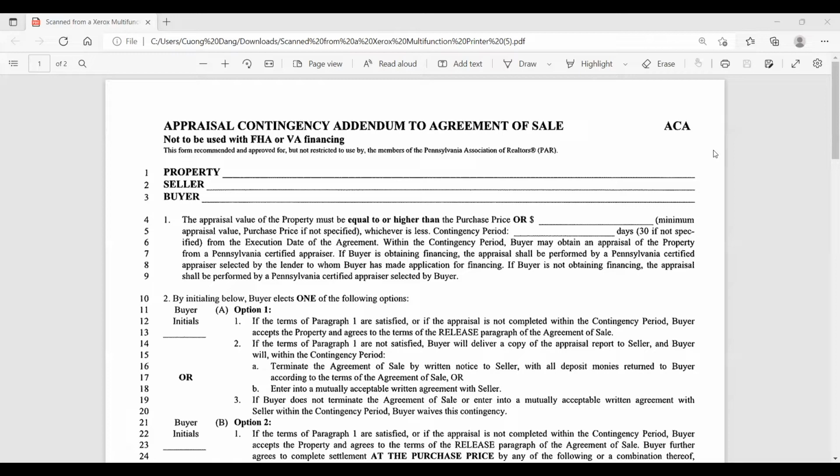So if the purchase price is escalated to $375,000, but they're willing to cover that gap and it only needs to appraise for $300,000, then put $300,000 for the minimum in the blank, so that we know all it has to do is appraise for $300,000, and anything above that is fine. However, if it goes below $300,000, then at least that allows our buyer to either back out or renegotiate with the seller. Okay. Any questions on that concept at all?